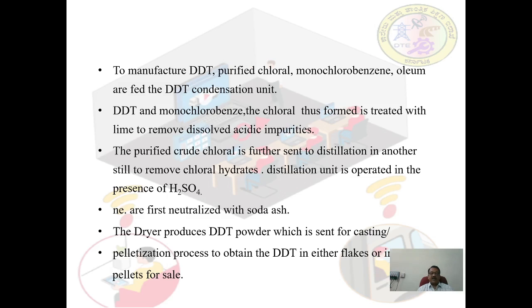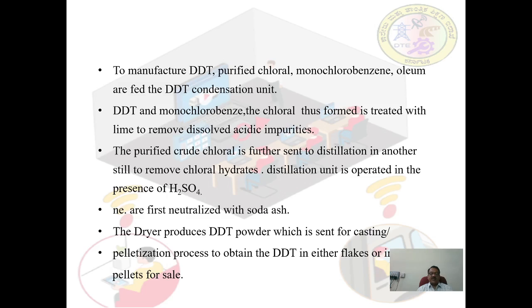The purified crude chloral is further sent to distillation unit in another still to remove chloral hydrates. Distillation unit is operated in the presence of sulfuric acid and then neutralized with soda ash.